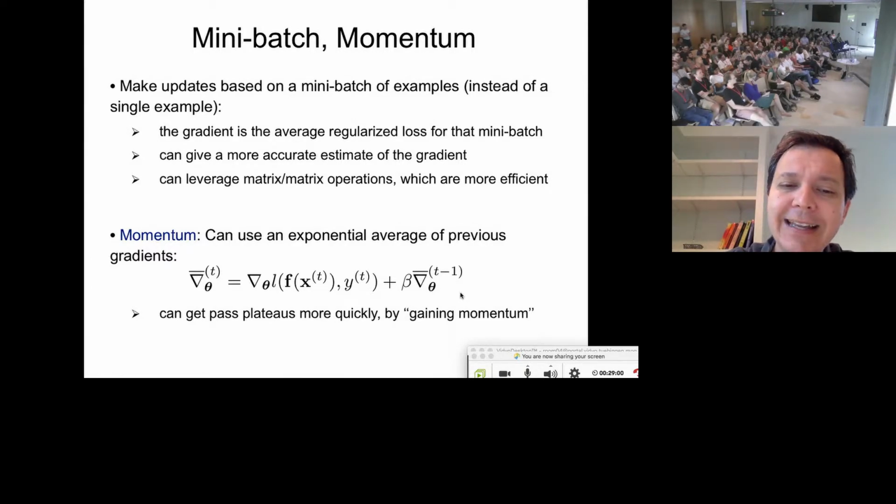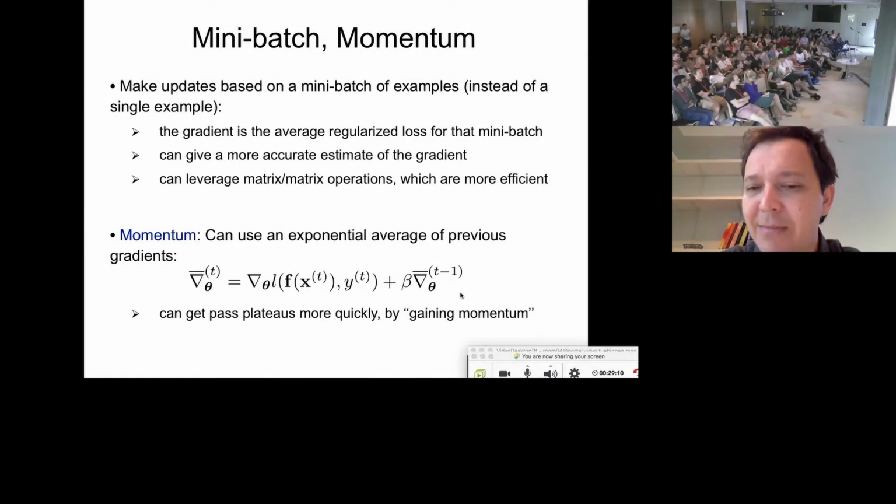What it can do is get past plateaus more quickly by gaining momentum. So if at subsequent time steps your gradients are pointing in slightly different directions, then effectively you have this averaging effect. And this momentum is actually very important. In fact, for most of the state-of-the-art models, momentum is a must to use for training these models more efficiently.